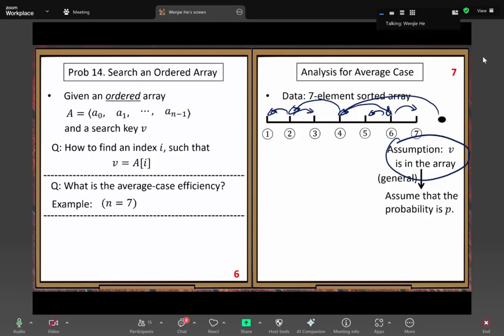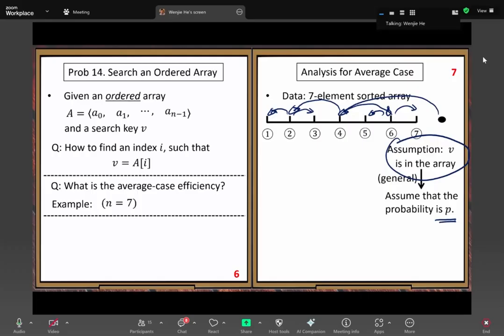But for the general discussion, you cannot make that assumption, right? So for the general discussion, you need to have some probability number, P, just like our linear search, where we assume some probability P. But here our focus is not on that part.